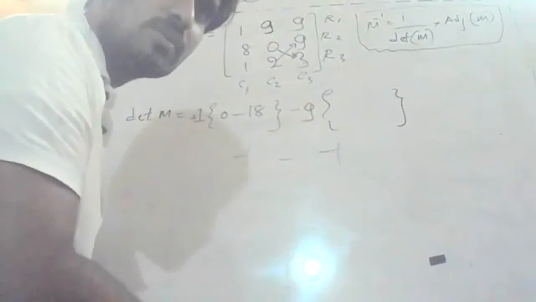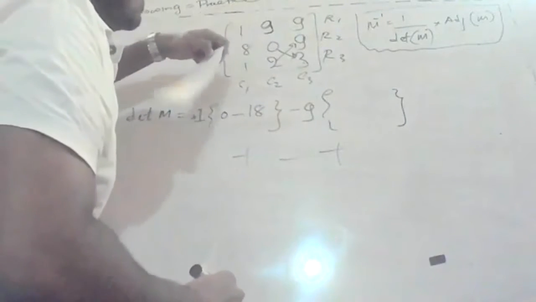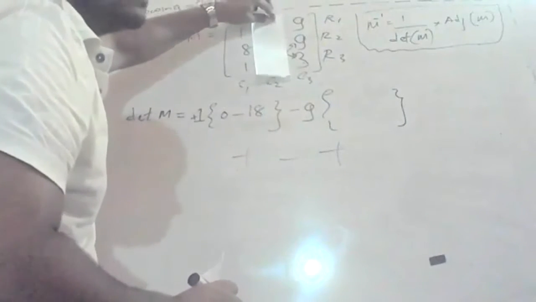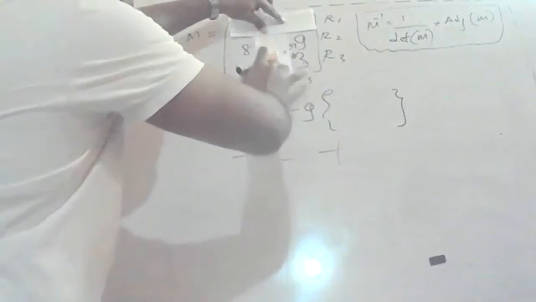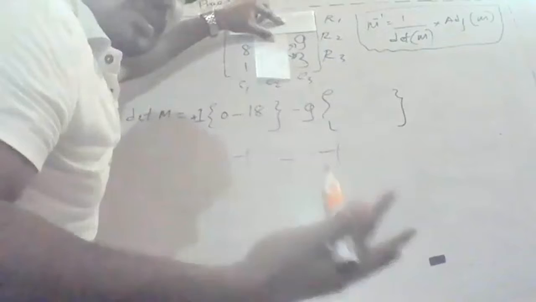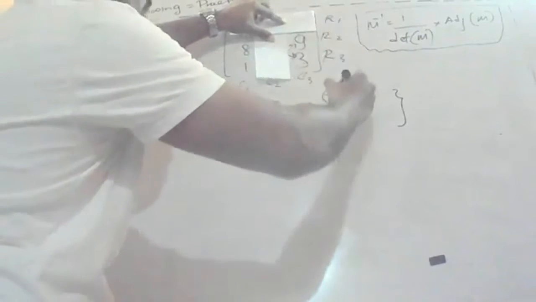Now focus on what you have to do. The second digit, this guy. Cover the column that belongs to 9 and cover the row that belongs to 9. Then you will get something like this. Do the same thing. This into this, 8 into 3, 24, minus this into this, minus 9.